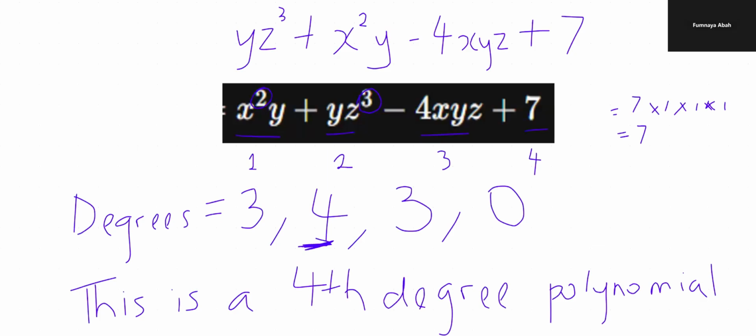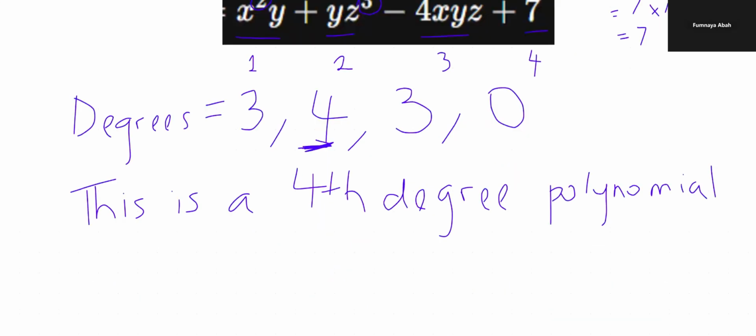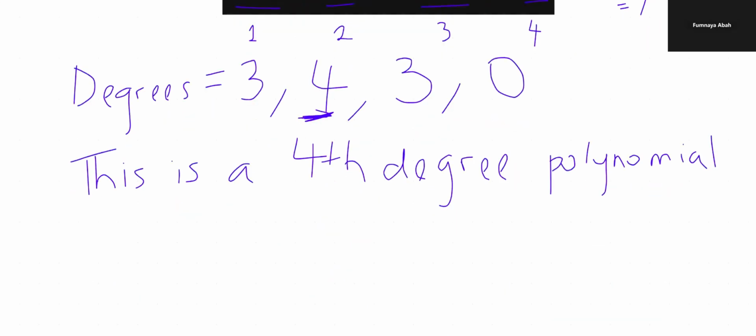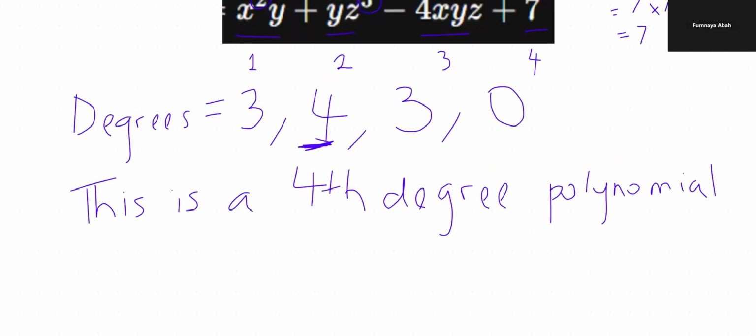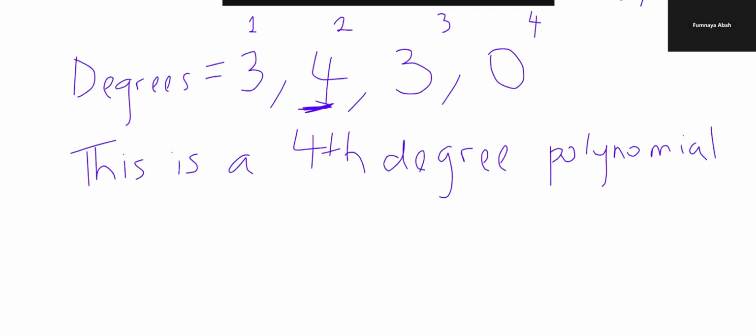So let's find the leading term and the coefficient. So knowing that 4 is the highest degree of all the monomials in this expression, the term that had 4 as the degree was y times z raised to the power of 3. So that means that that is the leading term.